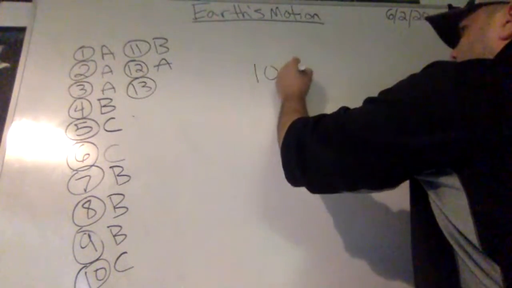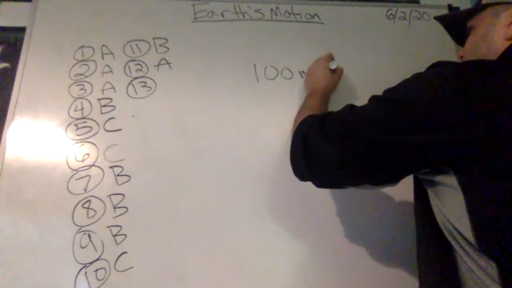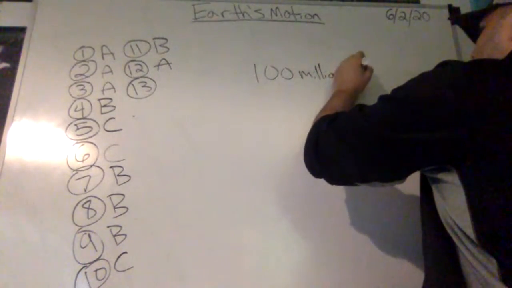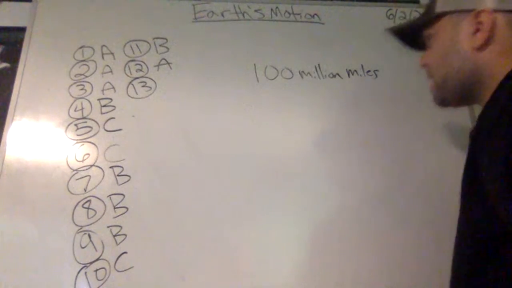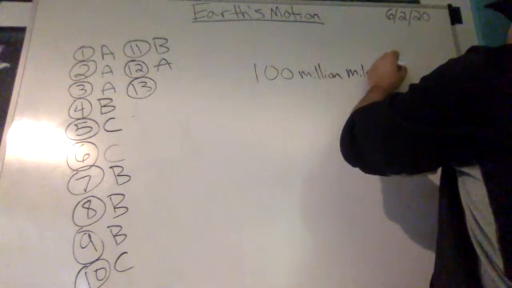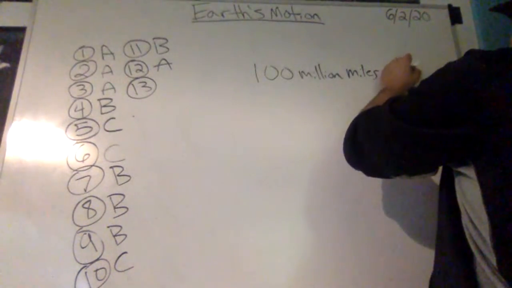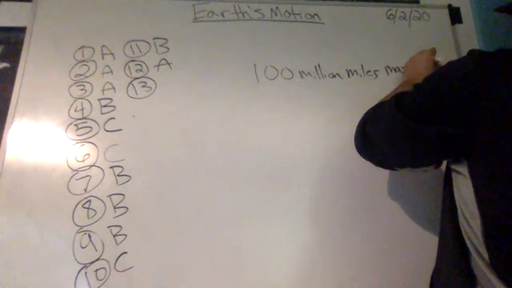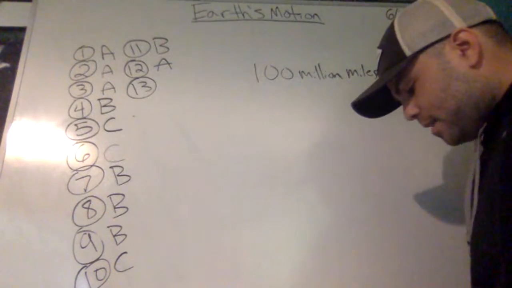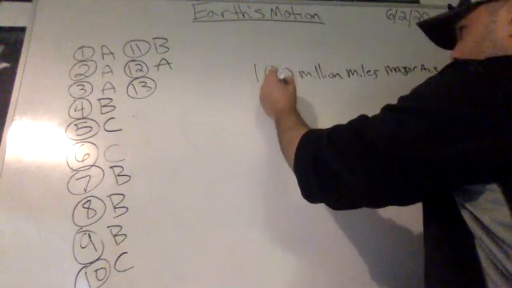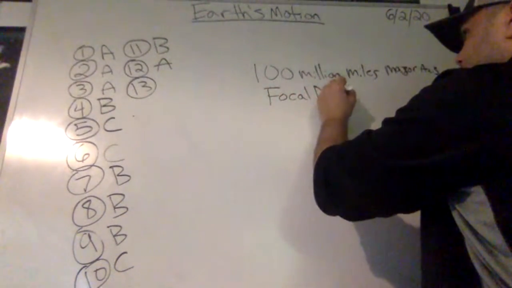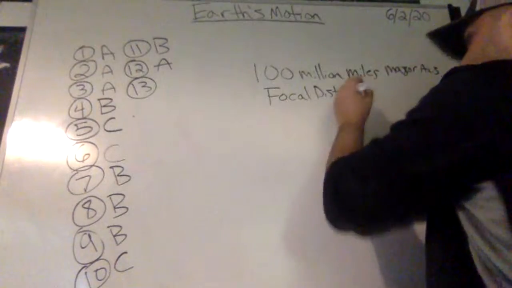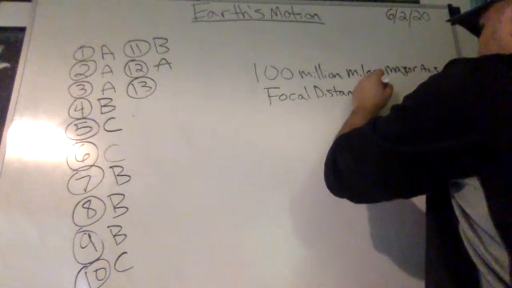They give us 100 million miles, and that's the major axis. Now the other thing is the focal distance. So they give us the focal distance. Focal distance equals 10 million.